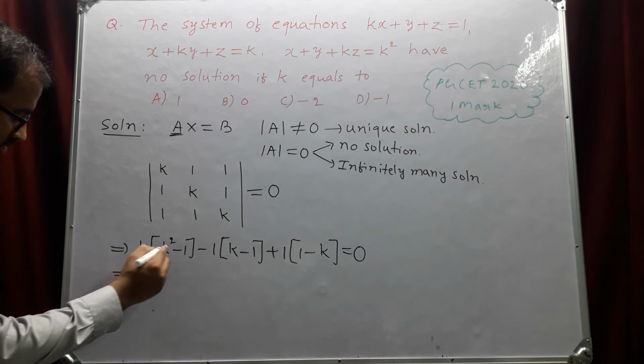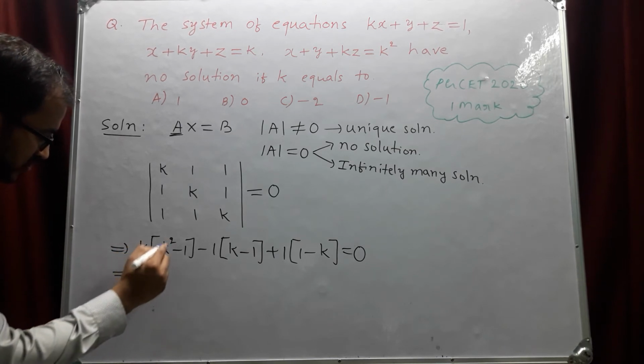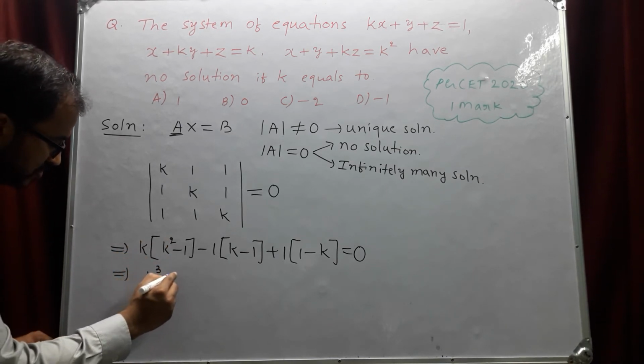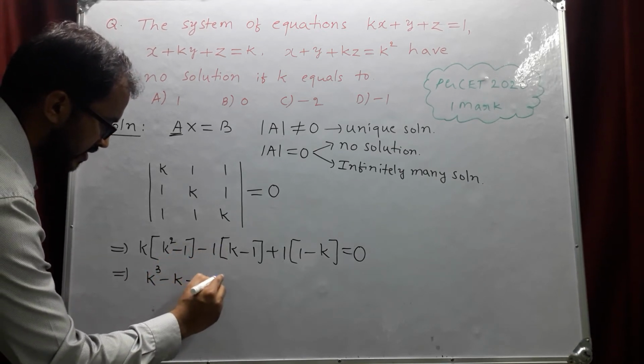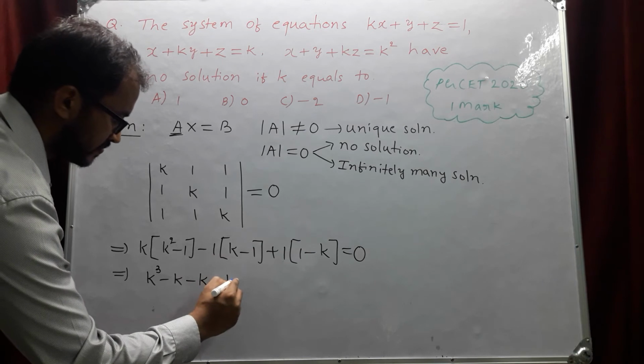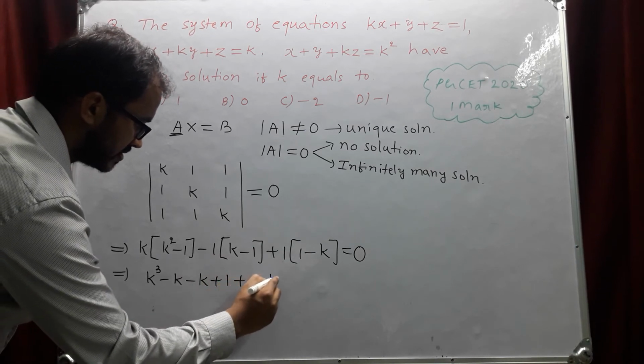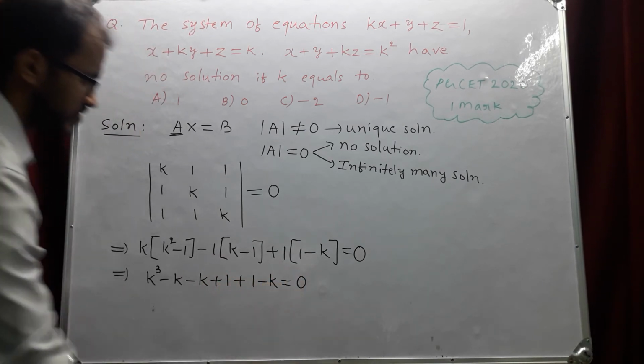So implies k into k square becomes k cube minus k, here minus k plus 1, minus k is equals to 0.